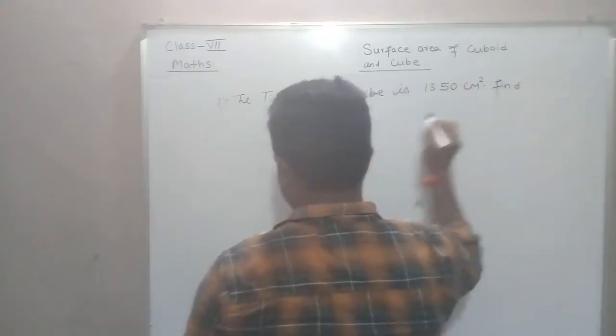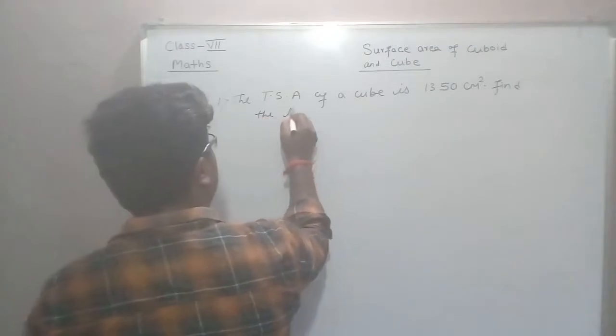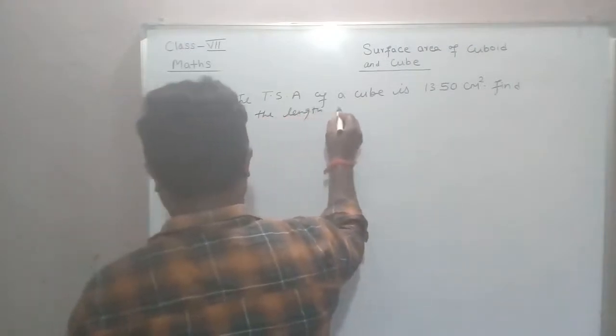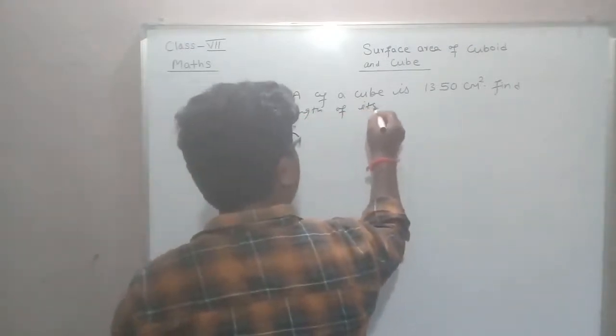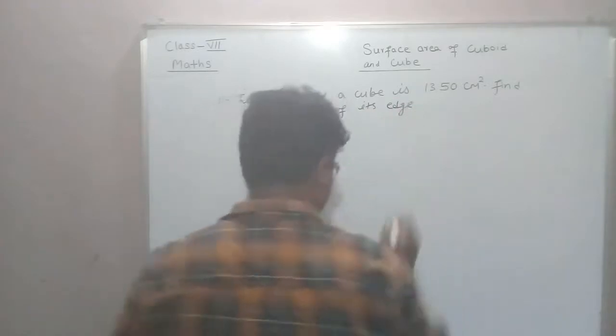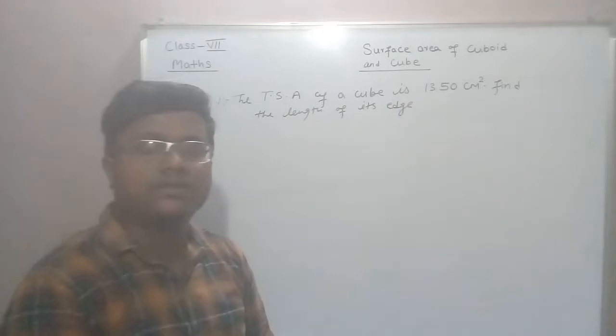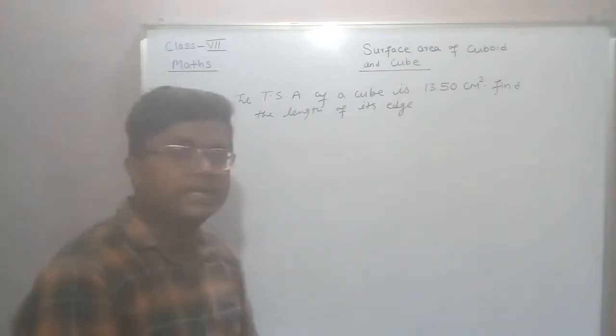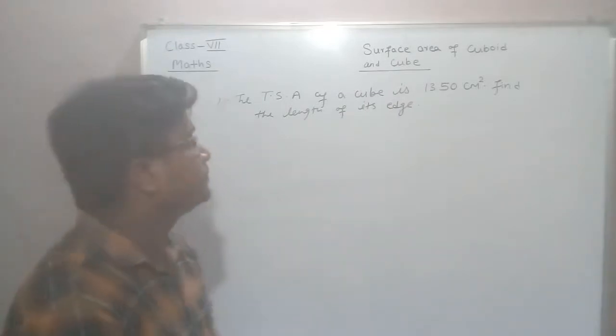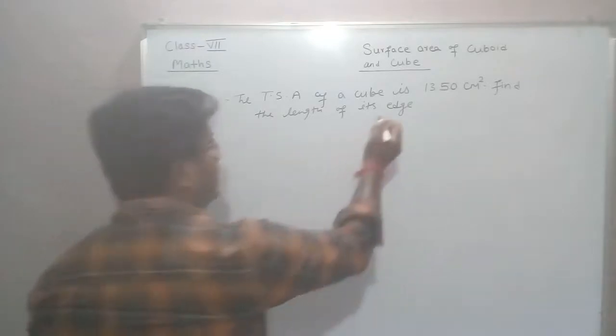Find the length of its edge. Okay, so the total surface area of the cube is given to us, 1350 square centimeter. We need to find the length of its edge.